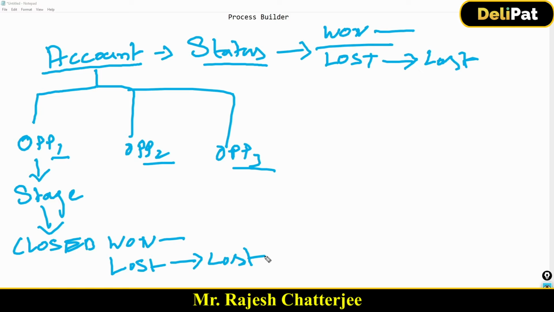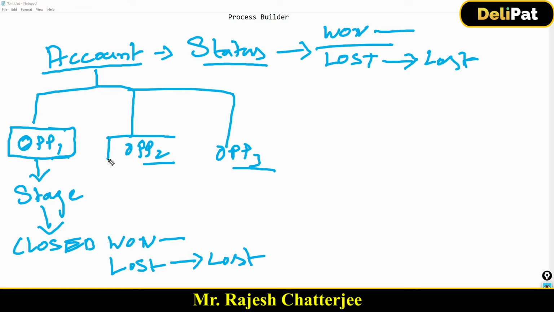We cannot do this automation through workflow, because workflow can only perform automations on the same record. Suppose a record is getting created in the account object, and the status is won. You can update the same record, not a different record. This is where process builder comes into the picture, where it will help you update the opportunity whenever account gets updated.